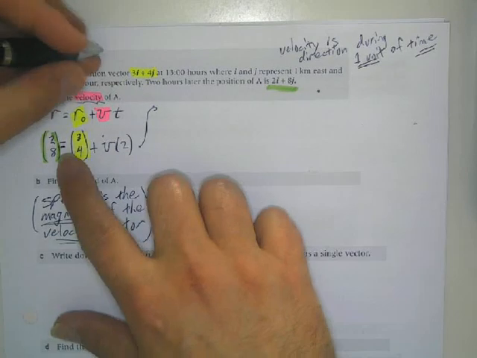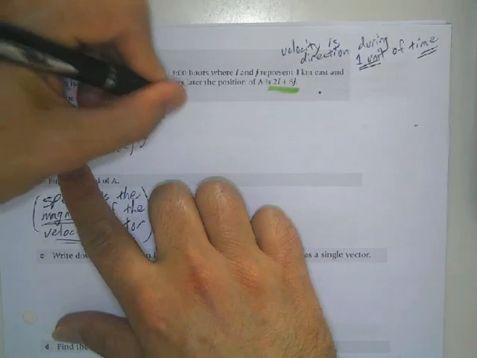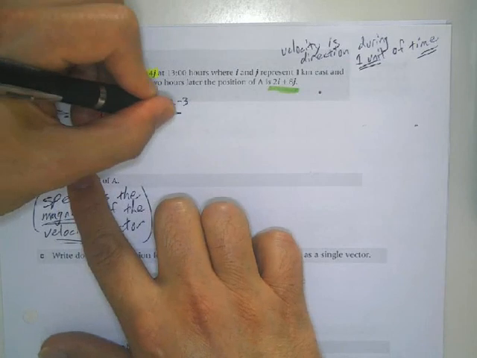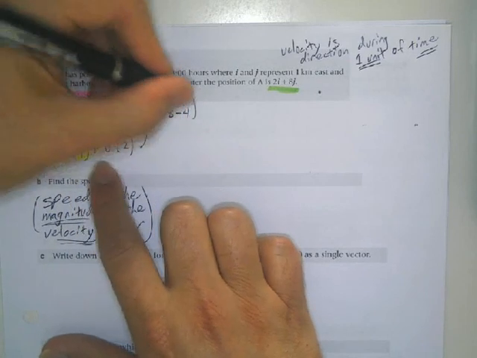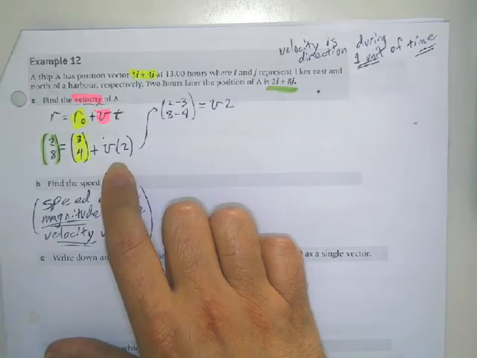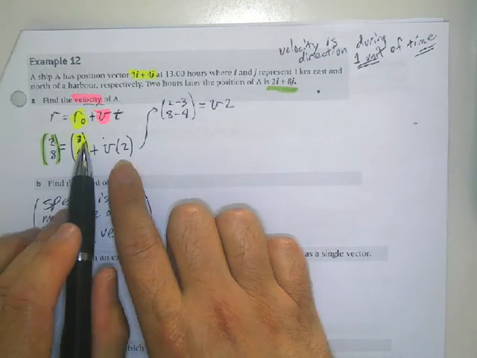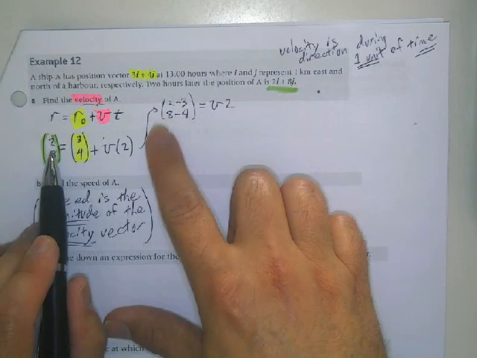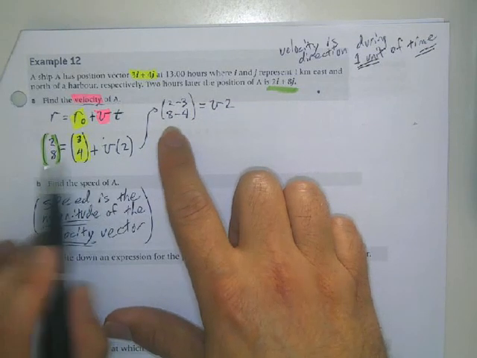So then I get 2 minus 3. And let's subtract 4 on both sides, 8 minus 4. And that's going to give me V times 2. Right? If I bring this position vector to the other side of the equal sign, I would have 2 minus 3, and I would have 8 minus 4.